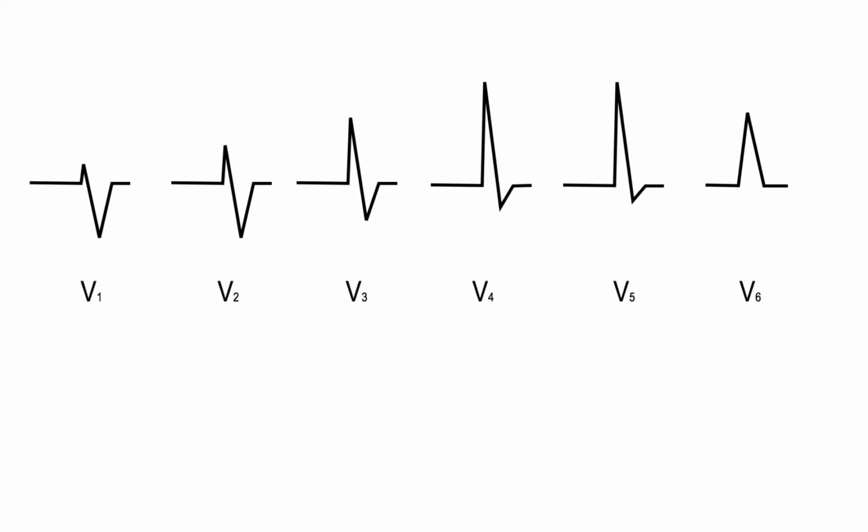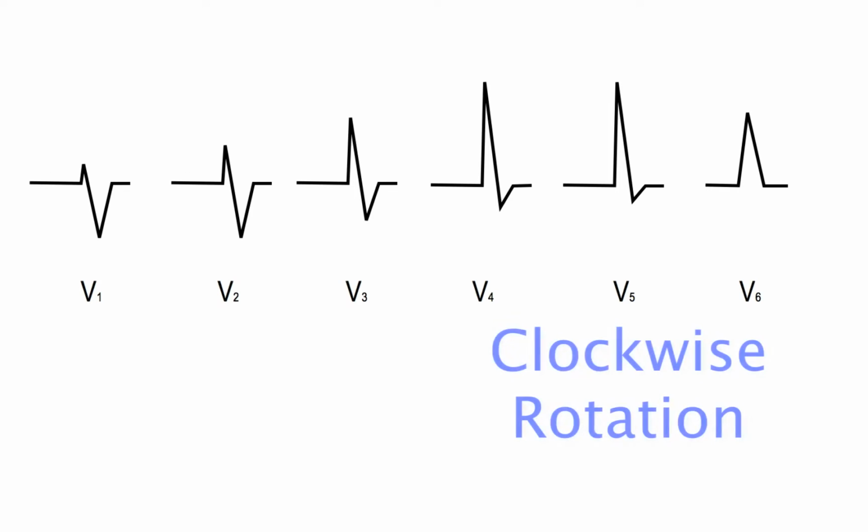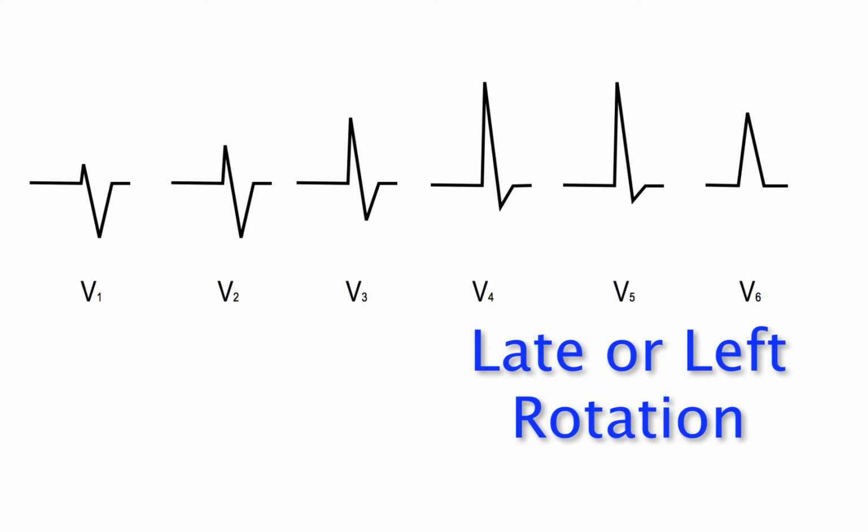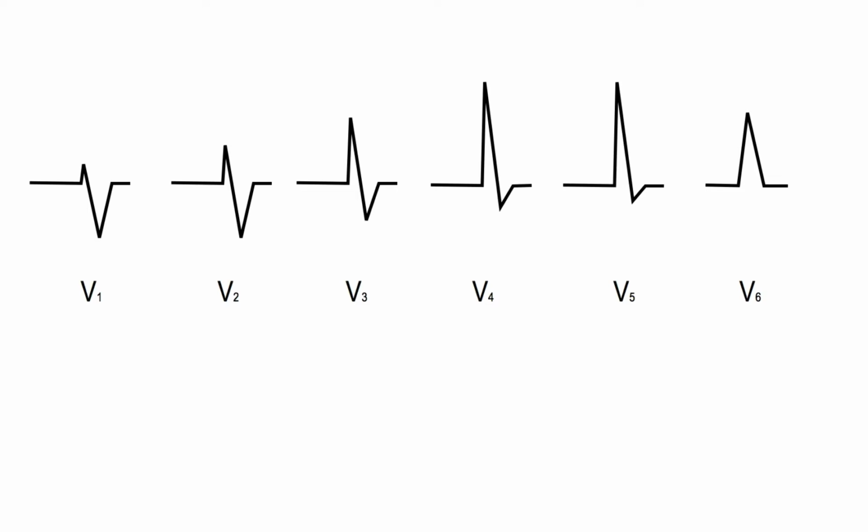If you have a situation, and we'll look at examples, where the R wave is smaller in V1, smaller in V2, smaller in V3, and doesn't become bigger until V4 or later, that's what's called clockwise rotation. You can also call that late or left, but mainly the term is clockwise rotation. You haven't had your transition until later, and that would be clockwise.